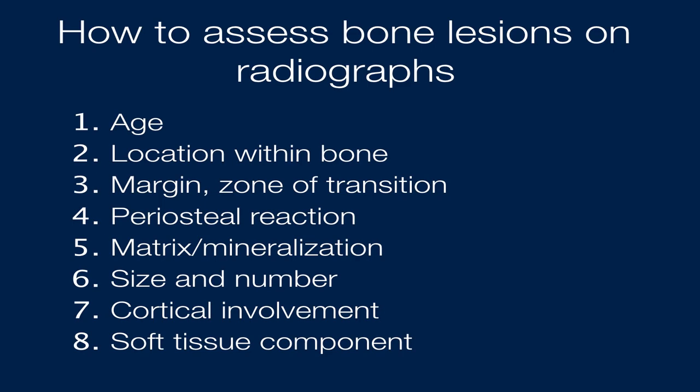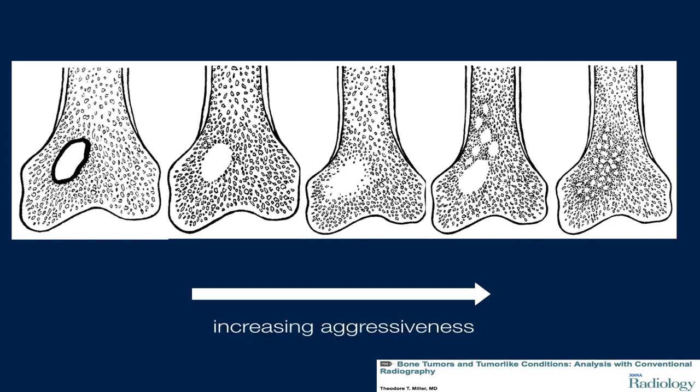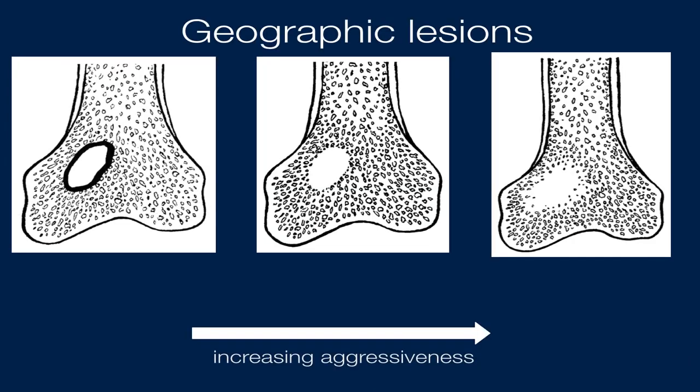So here is a nice diagram demonstrating from the left the more non-aggressive lesion to the right, the most aggressive lesion. The one on the left has well-defined sclerotic margins, and the one on the right is very ill-defined. These are known as geographic lesions, type 1A on the left, type 1B and 1C. Not important.